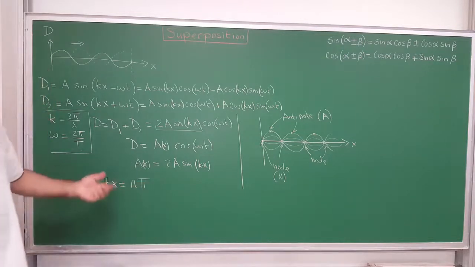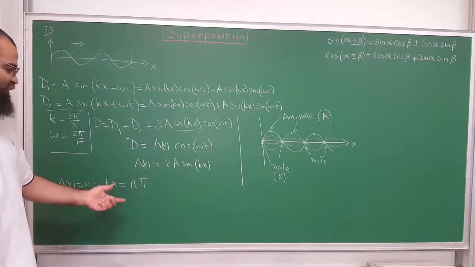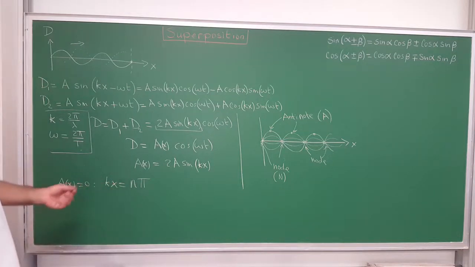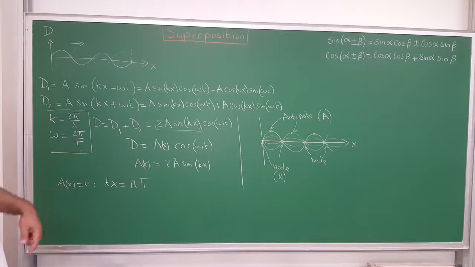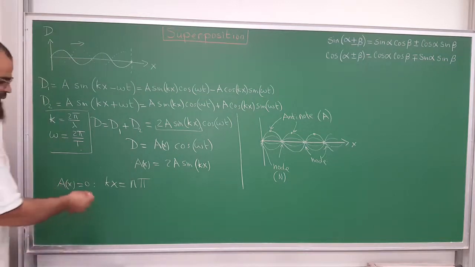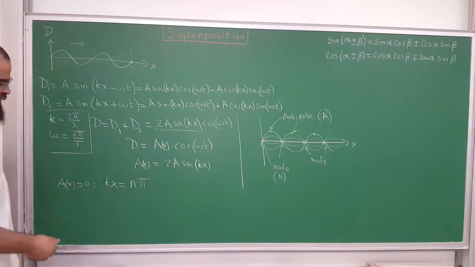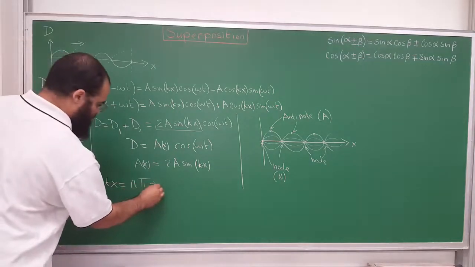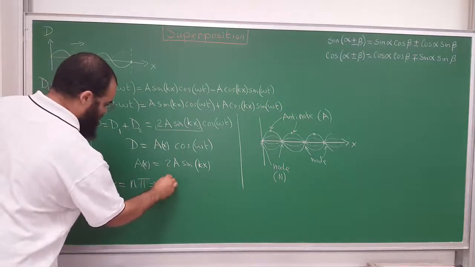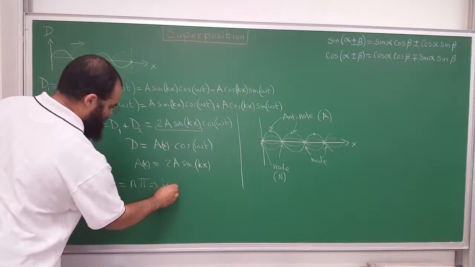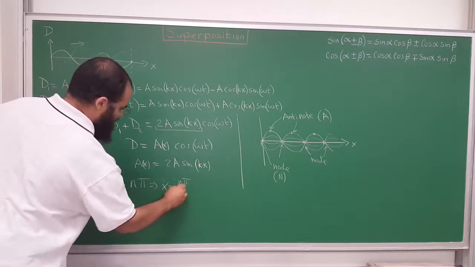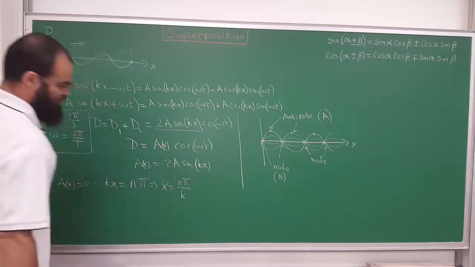Because if kx is equal to pi, or negative pi, or 0, or 3 pi, or 4 pi, or 5 pi, or negative 5 pi, you get this. And so it's 0 whenever x is equal to n pi over k.